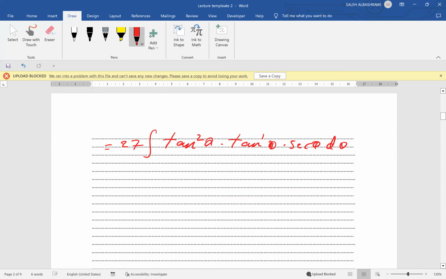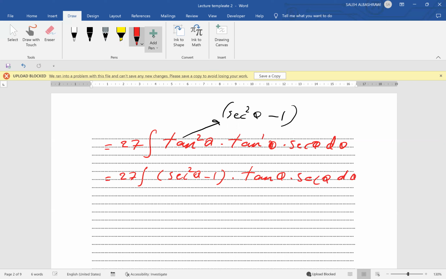Using the identity, tangent squared is equal to secant squared minus 1, the integration will be 27 multiplied by (secant squared minus 1) multiplied by tan theta secant theta d theta.